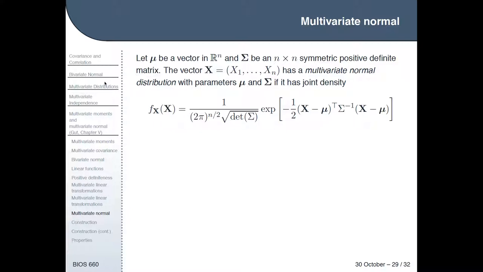And this works for a multivariate normal distribution with any set of parameters mu and sigma. In particular, you can show that the vector mu in this expression is just equal to the expected value of the random vector x, and the matrix sigma is precisely the variance-covariance matrix of x, defined to be the expected value of x minus mu times x minus mu transposed.